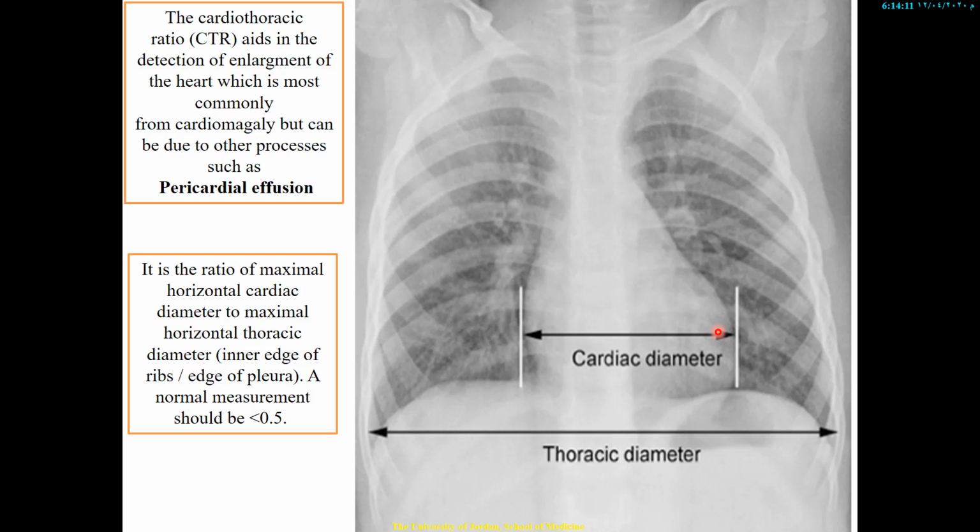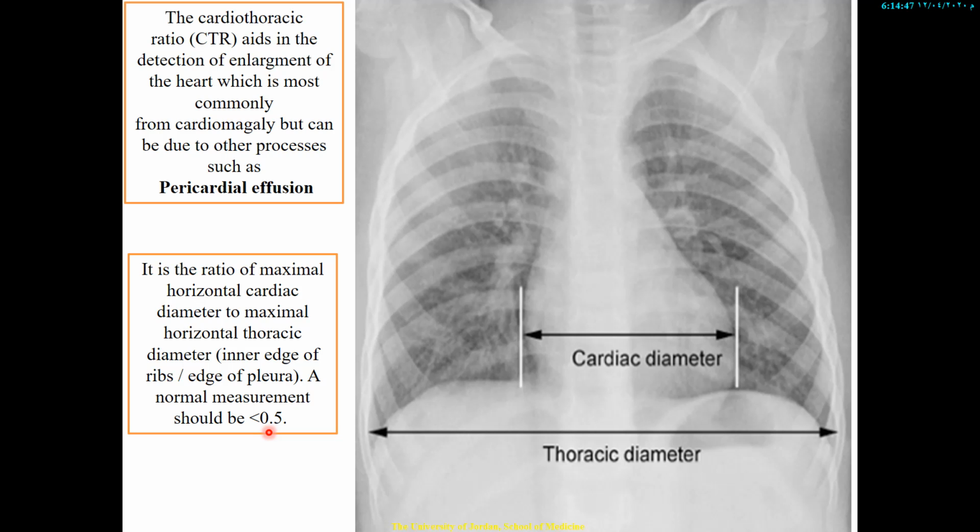We take the measurement between the two points that represent the largest diameter of the heart, then we take the measurement between the two points of the thoracic cavity from inside, where the maximal diameter of the thoracic cavity is, and if the ratio between them is more than 0.5, this may indicate enlargement of the heart.